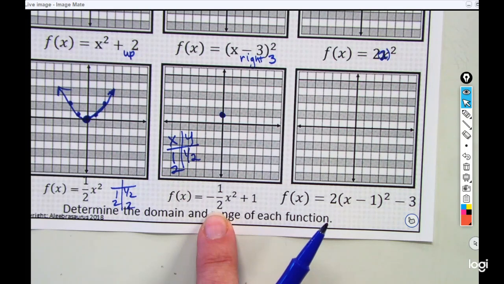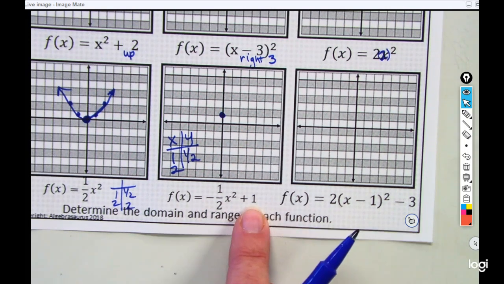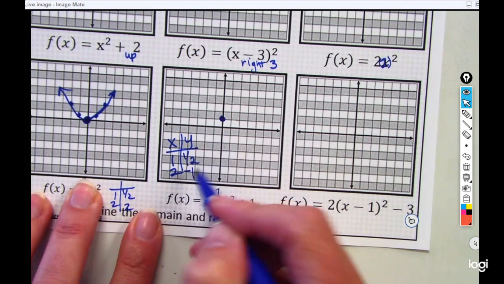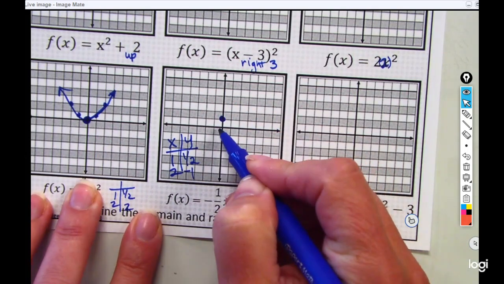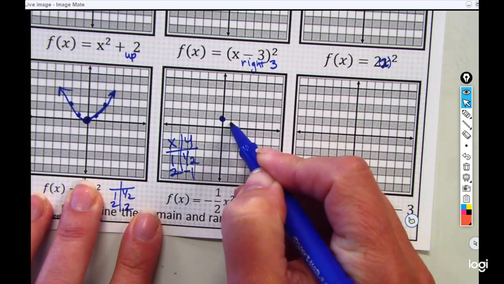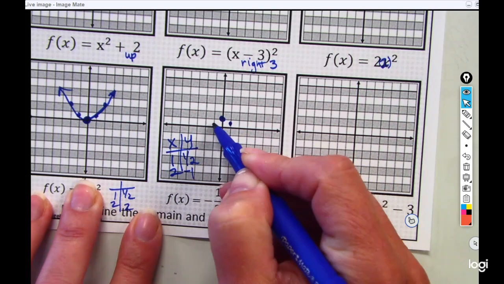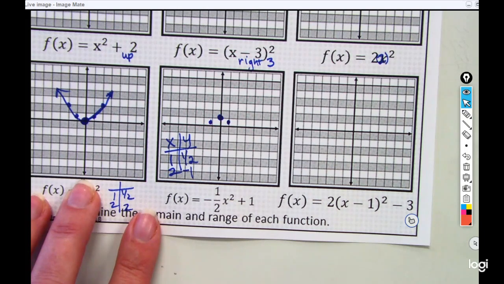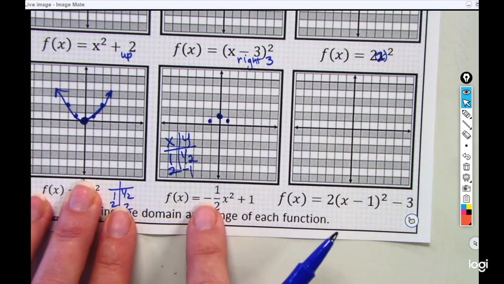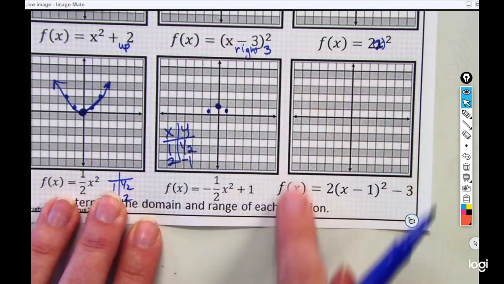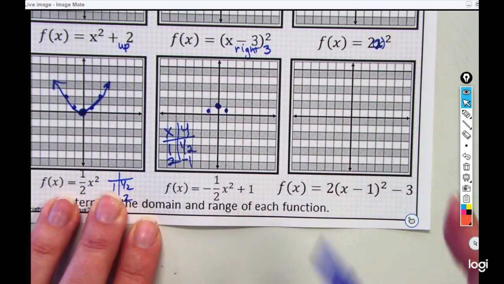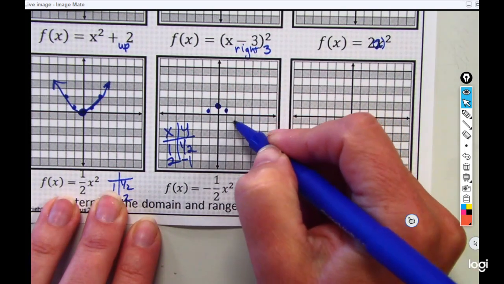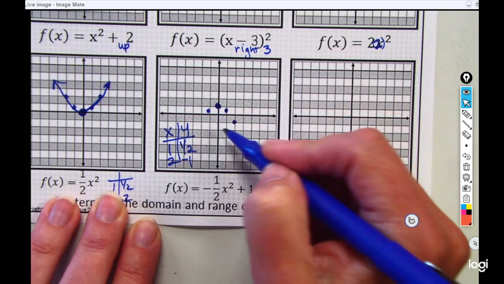Negative half of that is negative 2 plus 1. All right, let's plot those and reflect those. Over 1, up half. Wait a minute, why is it below? Ah, I've got a negative function, so I expected it to open down. Hopefully you saw that. Over 2, down 1.